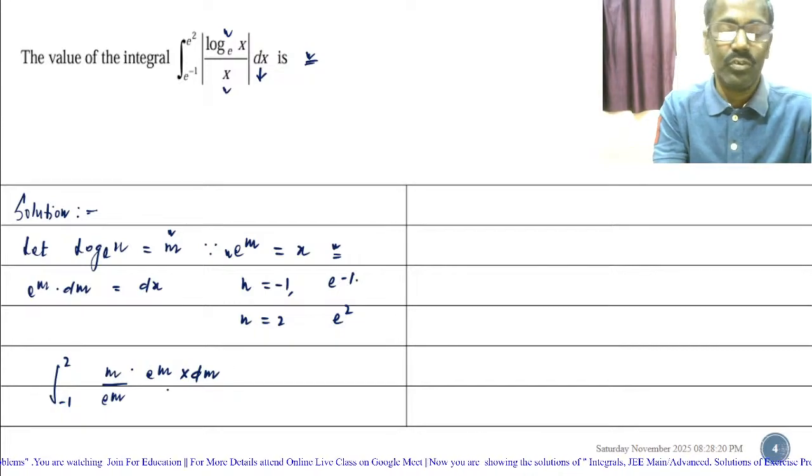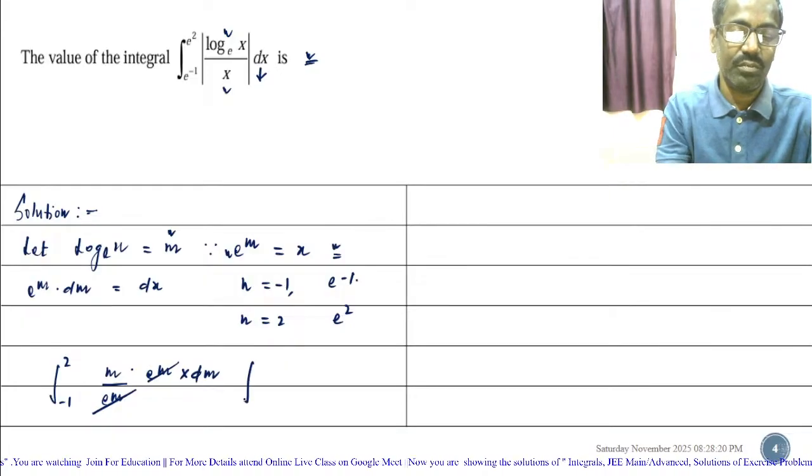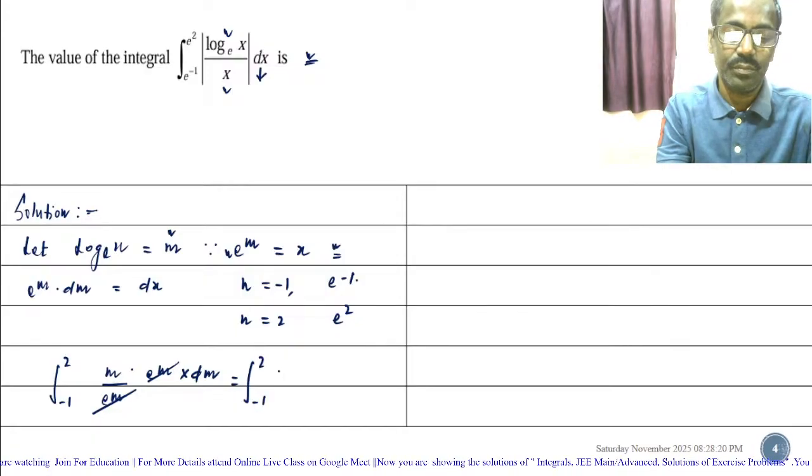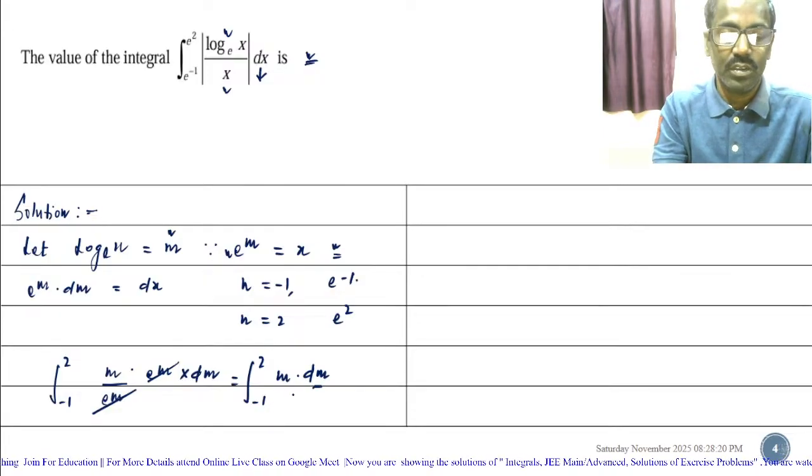If there is no problem up to this step, we cancel this out, then it will be the integral from minus 1 to 2 of m into dm.